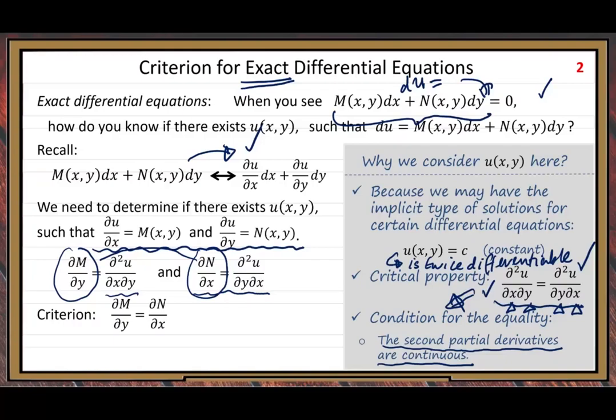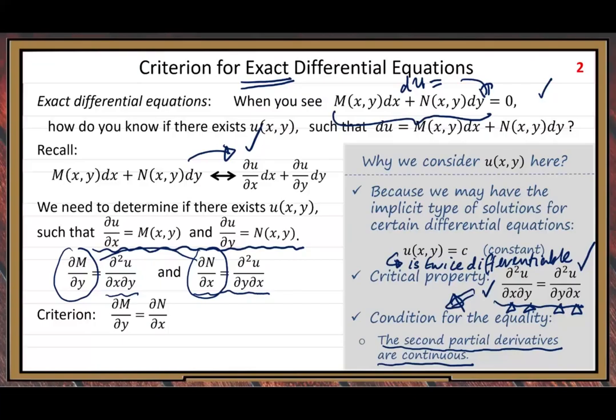Continuous means everywhere must be connected, no breaking parts. It's under this condition that we have the critical property, and so we have the criterion for the exact differential equation.